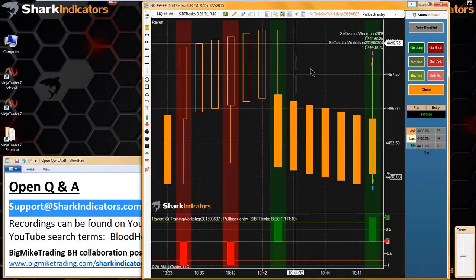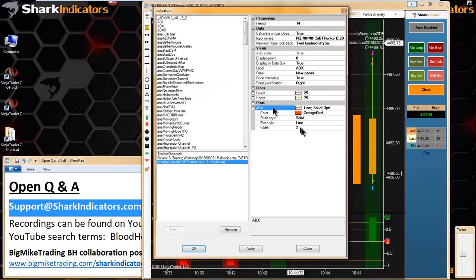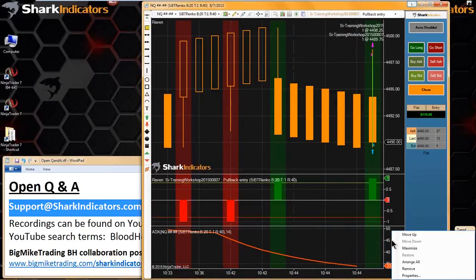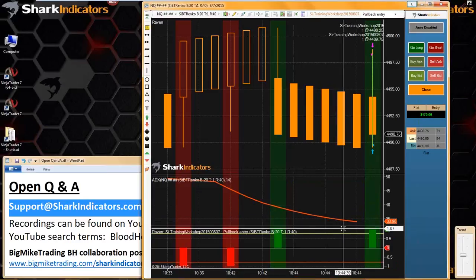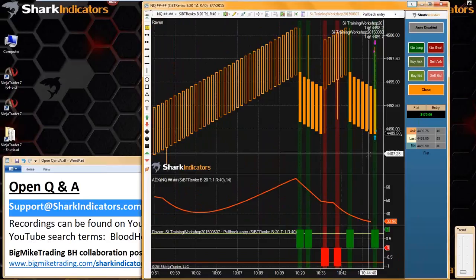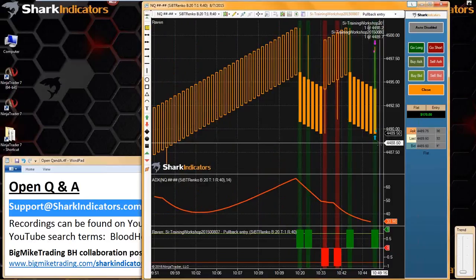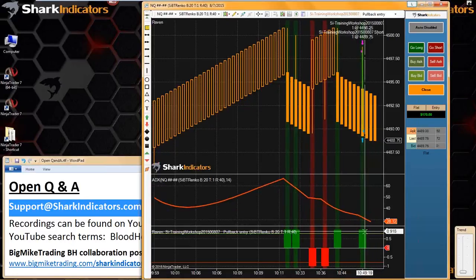Alright, so let's get the ADX on here. Our ADX is sloping down. I'm going to need to generate some more down bars and get a downtrend going, so that our ADX can start sloping up.